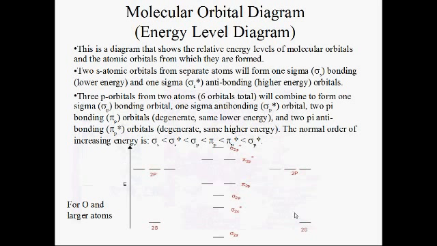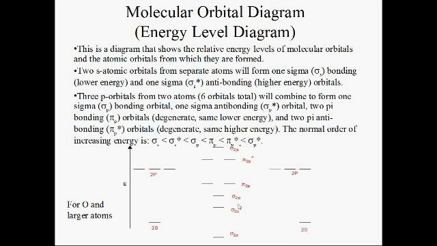So we use as much of this blending as we need to describe. We generally are only describing the valence electrons, so we don't need to show 1s if we're on period 2. If we only have s electrons, then we just need the bottom portion of this chart with a 2s blending to form the sigma 2s and sigma antibonding 2s.